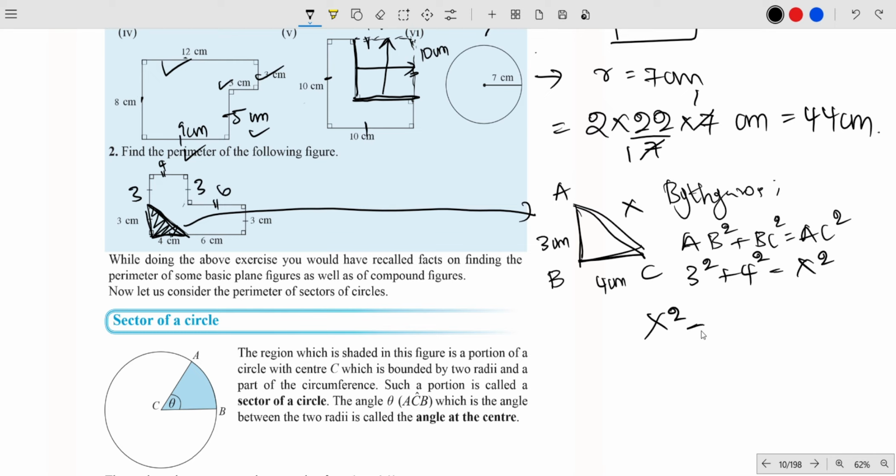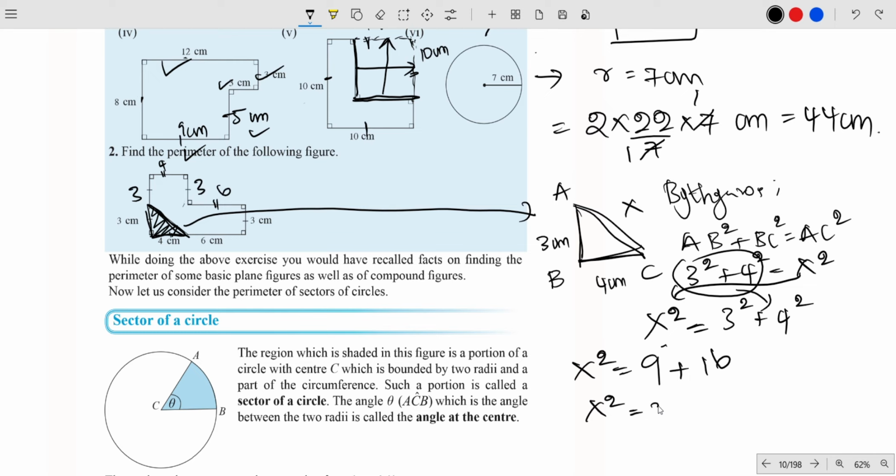So x squared is equal to 3 squared plus 4 squared. Then x squared is equal to 9 plus 16. So x squared is equal to 25.